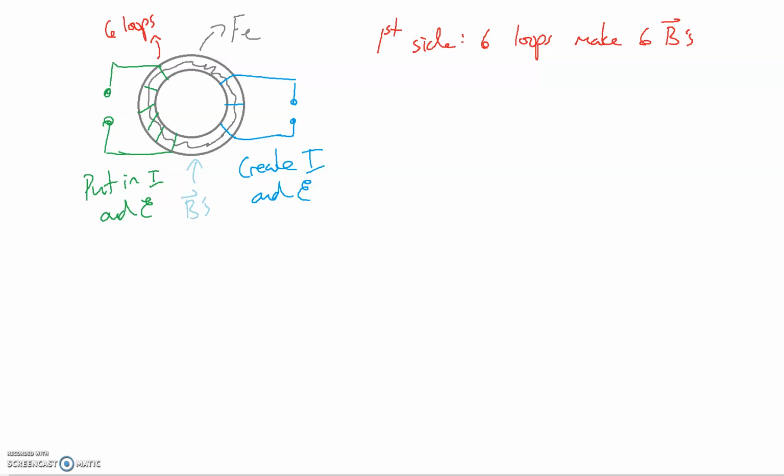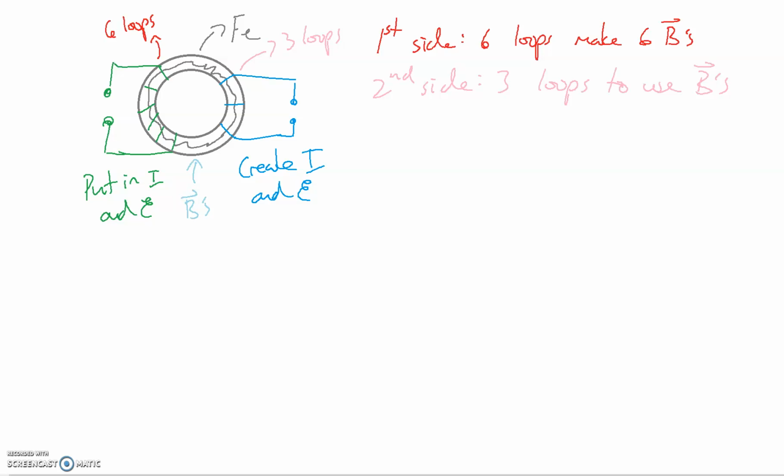But on the second side, over here, we only have 3 loops to actually use those magnetic fields. So we have the green side with the red writing: on the first side, 6 loops making 6 magnetic fields, and 3 loops on the right-hand side to use the magnetic fields.